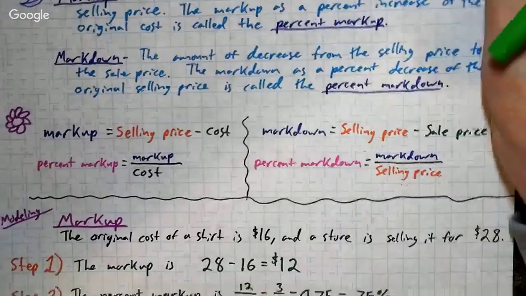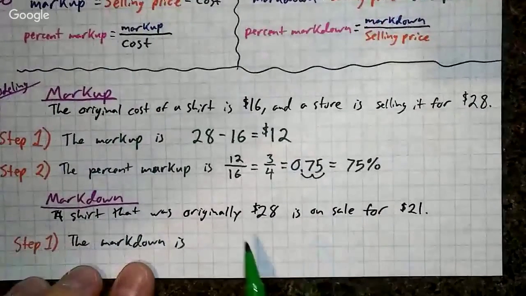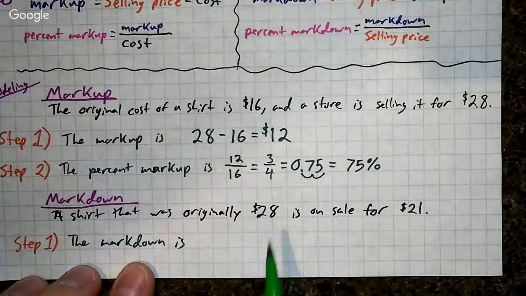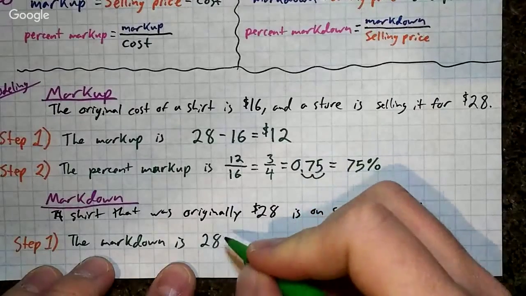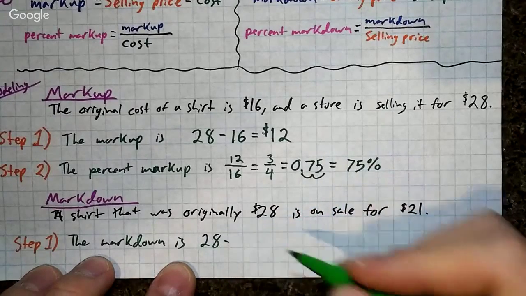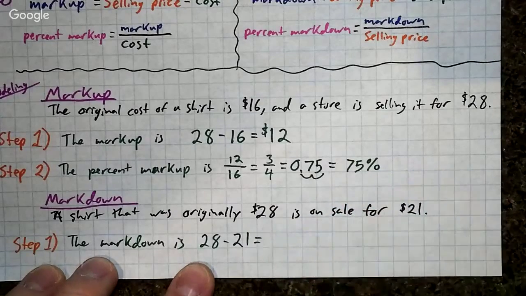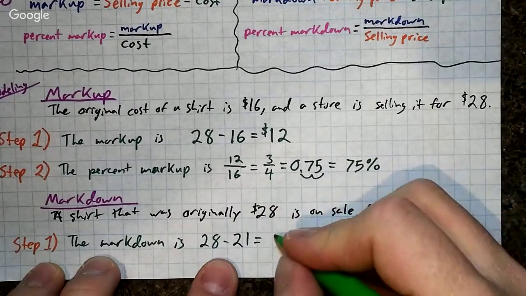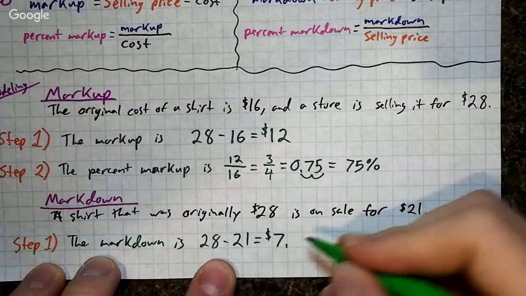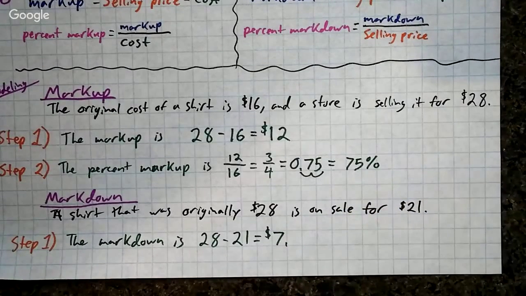Okay, well, we have both of those. So let's go ahead and find the selling price, which is $28, minus the sale price, which is $21. Simple, just a subtraction problem. That's going to give us $7. So the markdown is $7. You're getting $7 off that shirt. That's not bad at all.